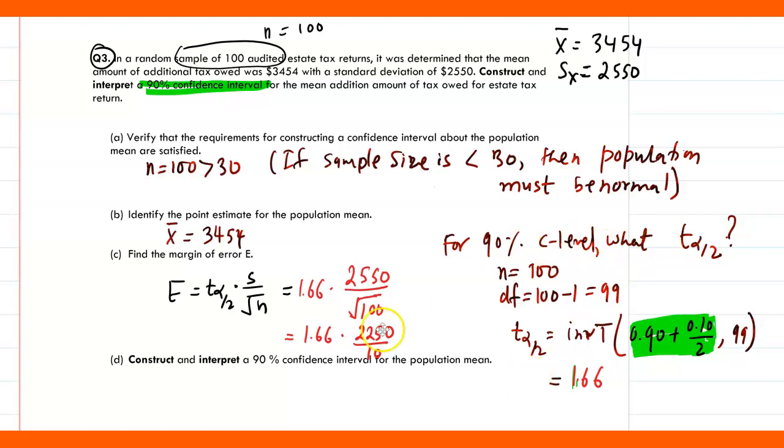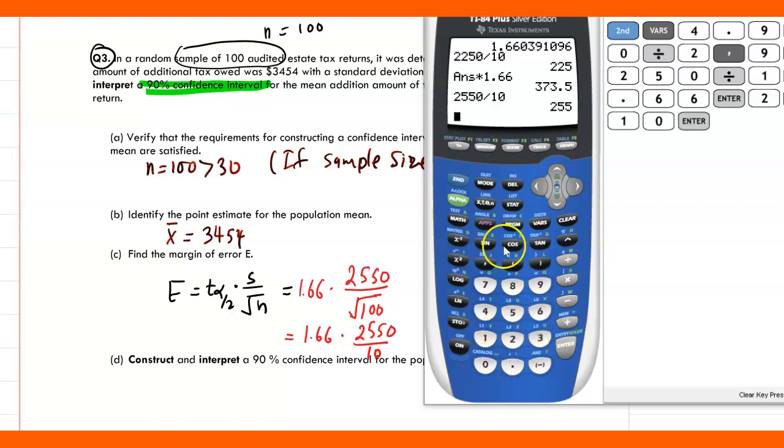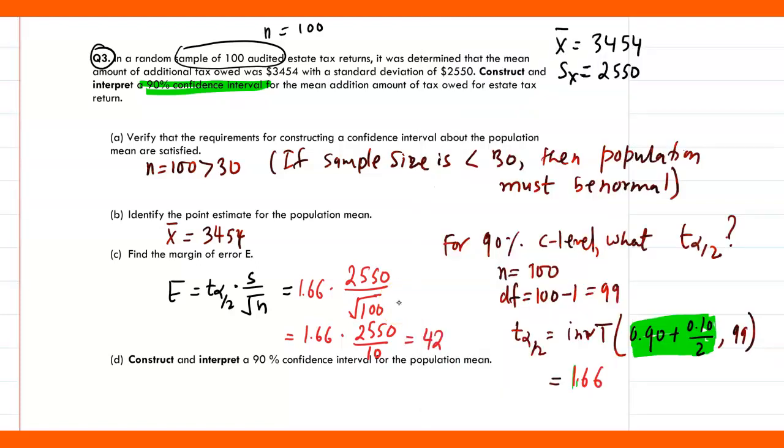Oh, my bad, this is 2550. 2550 divided by 10 is 255. So let's multiply this by 1.66, and that's 423.30. Therefore this number is going to be 423.30, and that's the margin of error. Okay, that's how you find the margin of error.